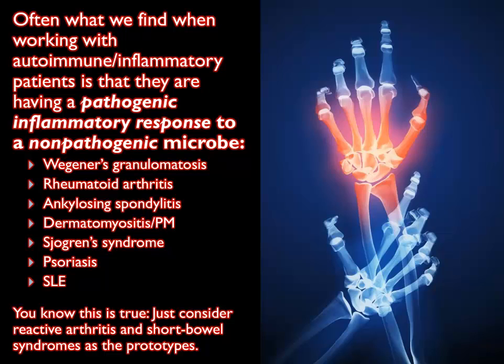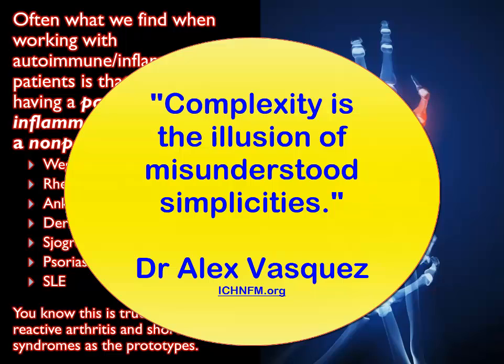That's a rather simplistic example. These others are, I think, more complex, especially rheumatoid arthritis. But the interesting thing about complexity in this regard is that the more complex things are, I think that actually gives us more opportunity to understand them better. I don't see complexity as something bad. I see complexity as an opportunity, because something I started to write the other day, I don't know if I'll say it right now, because I'm still working on this one-liner, but my one-liner is something like, complexity is simply the illusion of misunderstood simplicity.